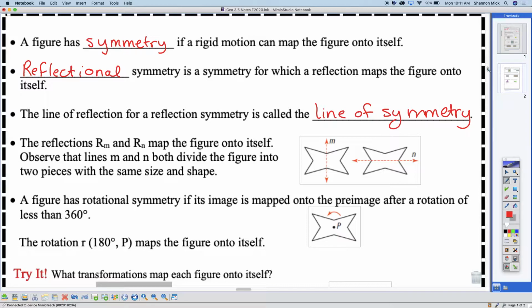So the first bullet here describes the reflections R of M and R of N mapping the figure onto itself. Observe that there are lines M and N that both divide the figure into two pieces. I can do M, which is a vertical line through the center, and N, which is a horizontal line through the center. And that's how you would describe that reflectional symmetry.